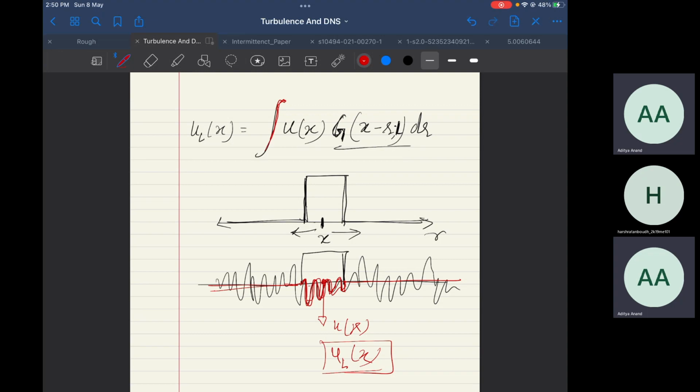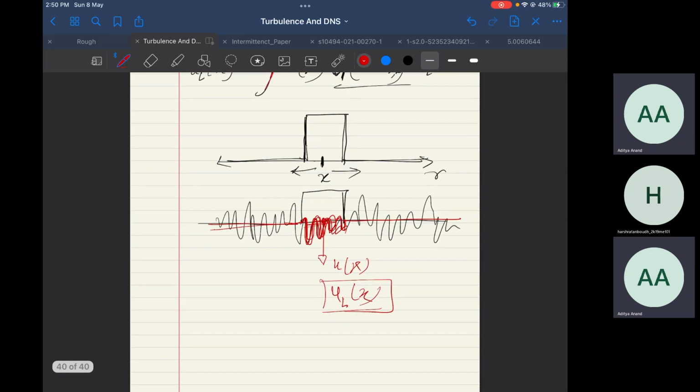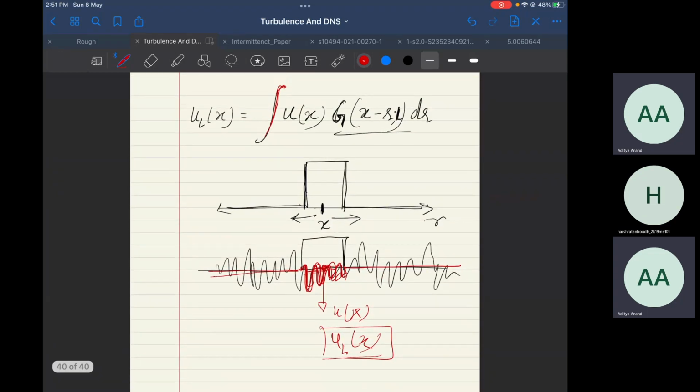So it has basically filtered out these fluctuations. It is basically taking an average. Okay, is this clear? Yes. So now instead of a square pulse, if I take a Gaussian pulse, so this is again centered here.